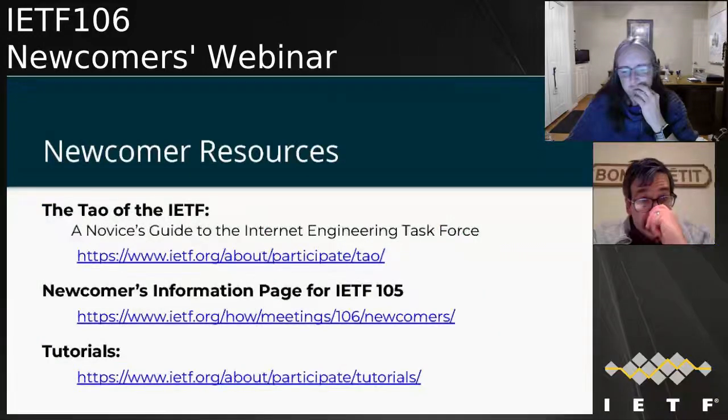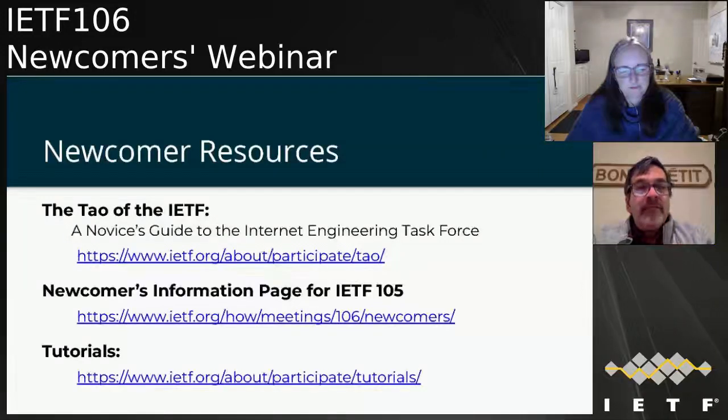Newcomer resources. The Tao of the IETF is sort of the novice's guide. It's deliberately taken from Buddhism. It is a reasonably short document, a handful of pages that describes some of the history and how things are done within there. It's informal. It was just recently revised by somebody who had been involved in the privacy area and politics of protocols area.